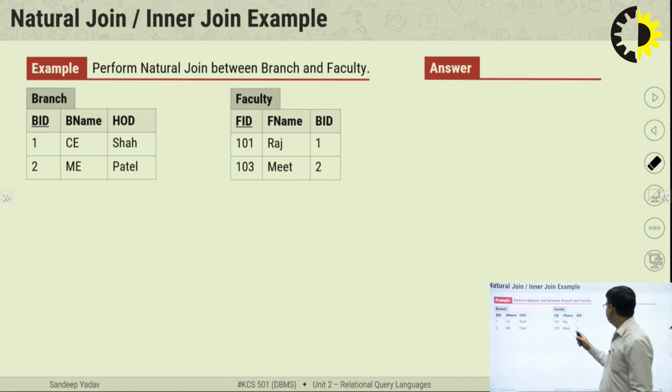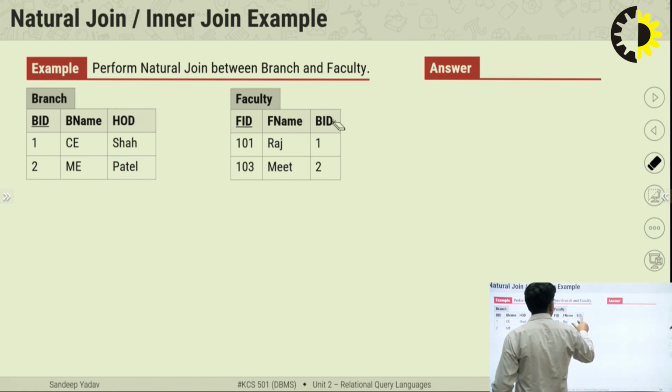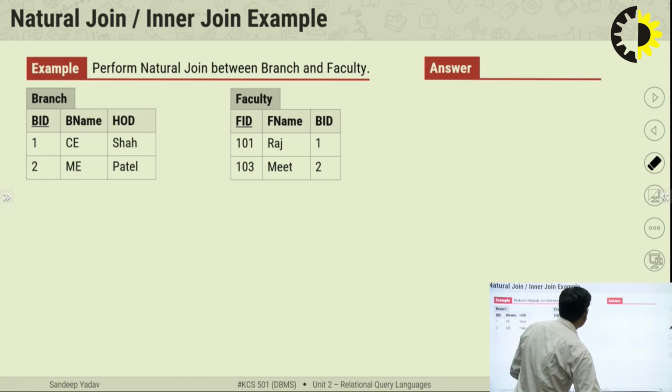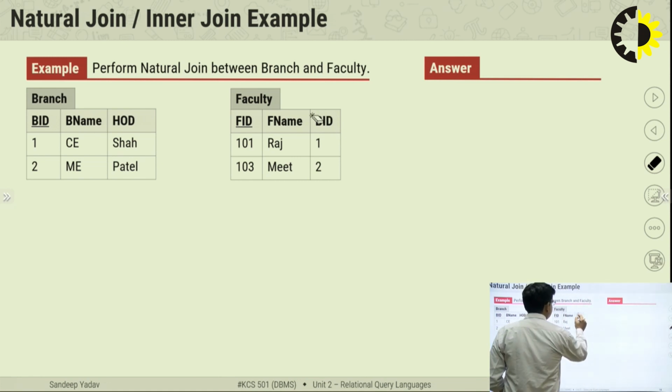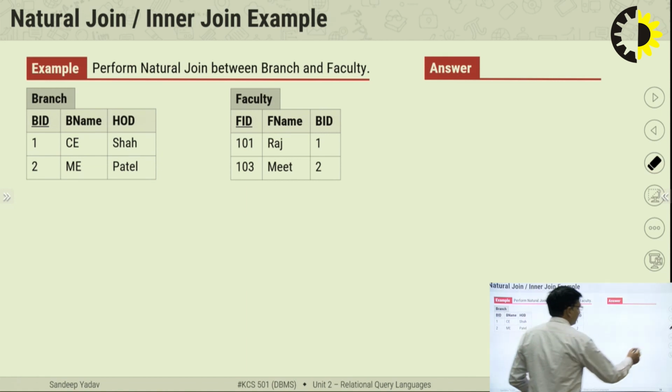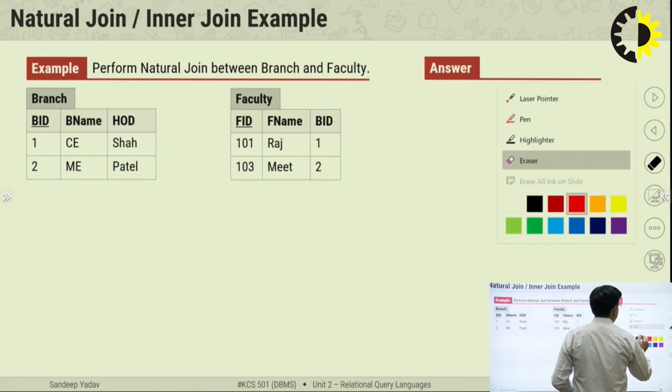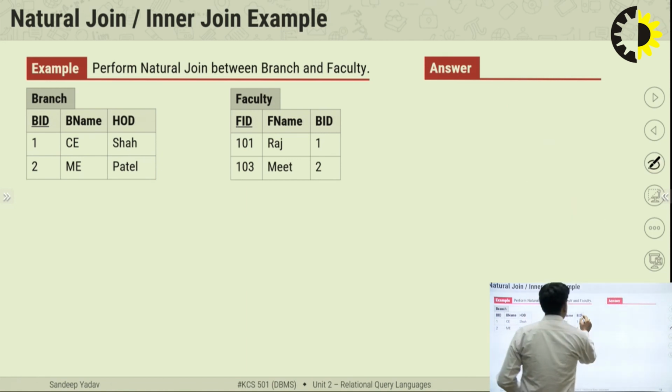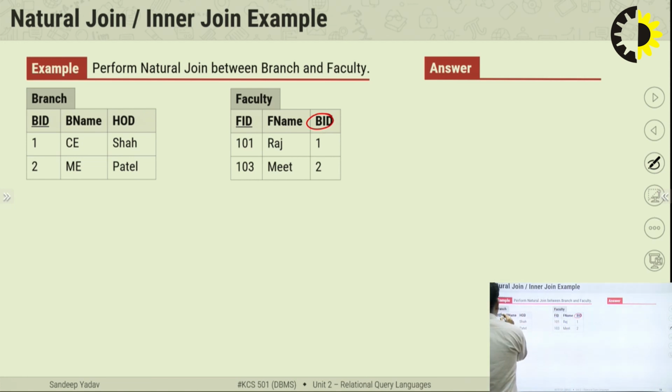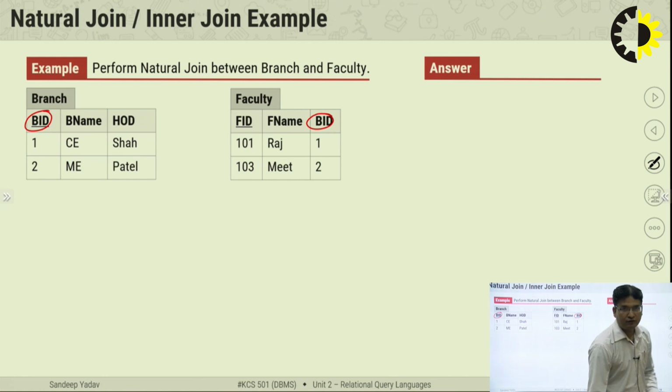Here the common attribute is this one, and here the common attribute is this one. This is the common attribute and this is the common attribute. So since one attribute is common, we can apply natural join.